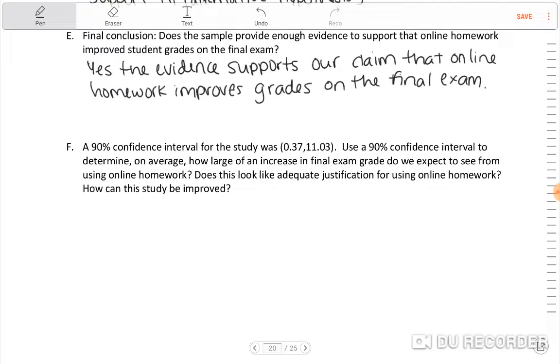How can the study be improved? Well, let's see here. What we're saying is, how large of an increase in the final exam grade do we expect to see from using online homework? Well, it's going to range anywhere from 0.37 to 11.03. I guess maybe I don't know if I want to say percentage points, but maybe we'll just say points. So, how do I want to word this?